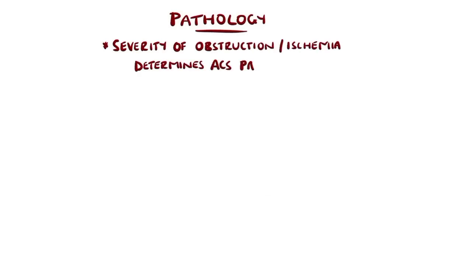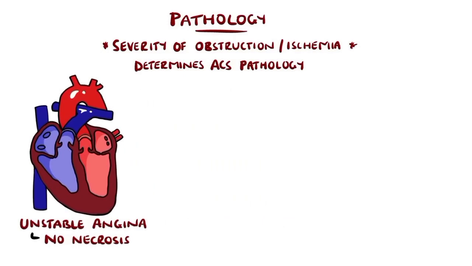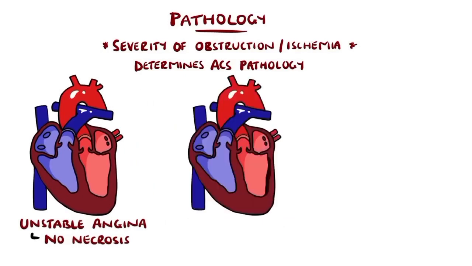In unstable angina, the myocytes are ischemic, but are not yet necrosed, and no cell death has occurred. In non-ST elevation myocardial infarction and ST elevation myocardial infarction, there is death of some of the myocytes. The non-ST and ST portion of the name refers to the elevation of the ST segment in the ECG.